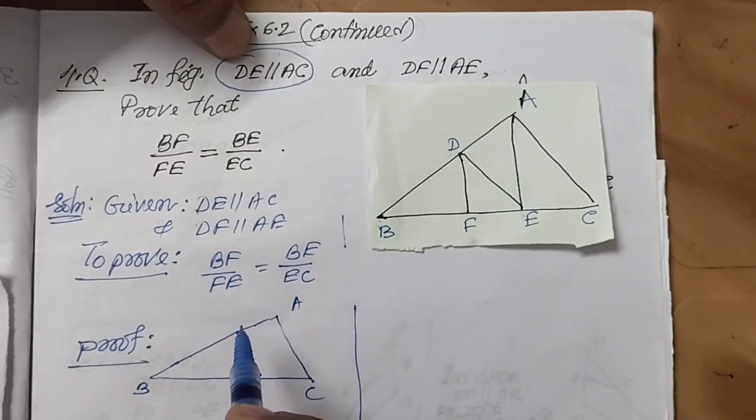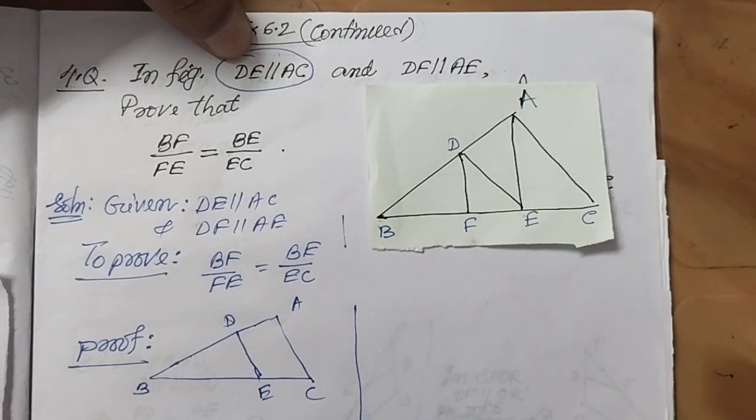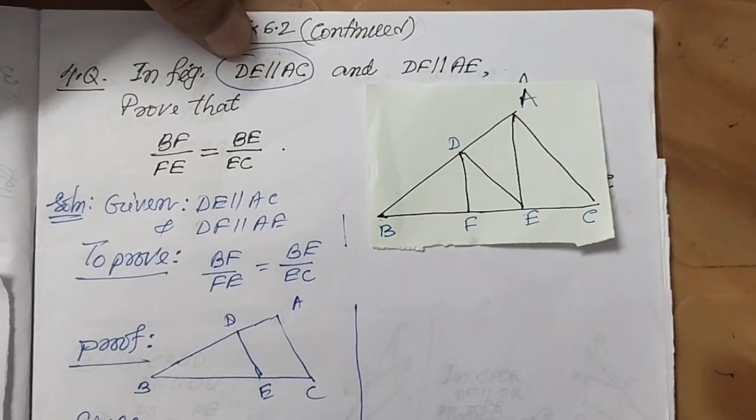This is the only part I am drawing, which is with the condition DE parallel AC. I am not drawing the other line EF and the other AE line here.